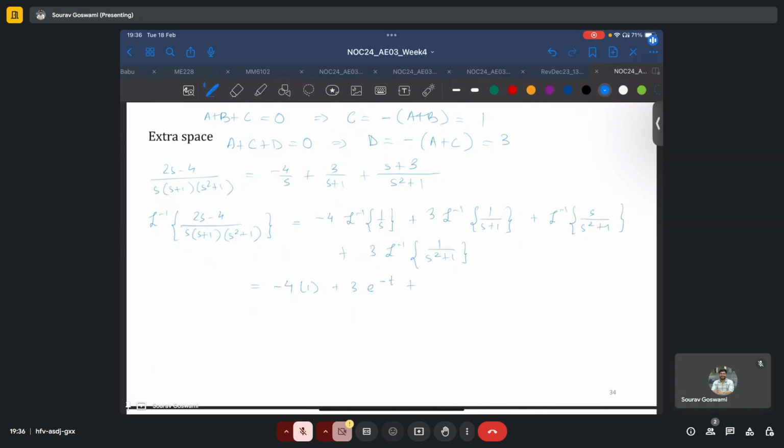Laplace inverse of s by (s square plus 1) is cos t, and the Laplace inverse of 1 by (s square plus 1) is simply sin t. And so this is the solution which we were looking for.